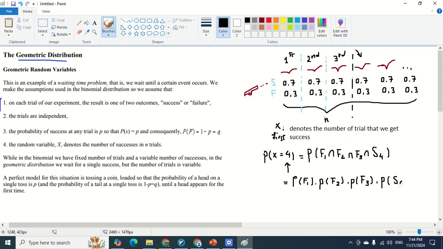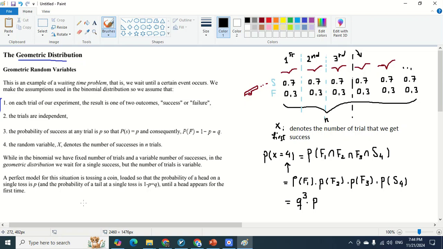So it will be the multiplication of these probabilities. And of course, because the probability of failure is the same for all cases, it's q times q times q, or q cubed times p. This is the probability of x equal to 4.